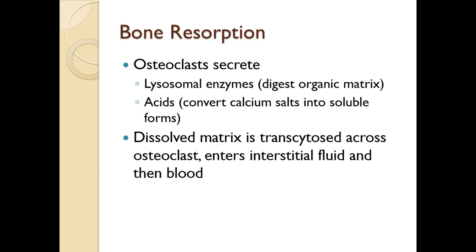Here's the key, and this goes back a little to knowing how calcium homeostasis is maintained. Whenever osteoclasts break down bone, calcium leaves the bone and goes into the blood by this process. So bone resorption involves the breakdown of the bone, the release of calcium from the bone, and the calcium entering the blood.